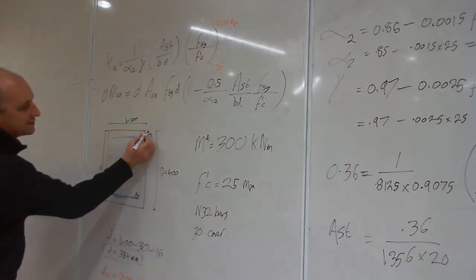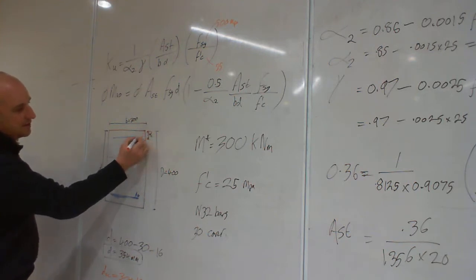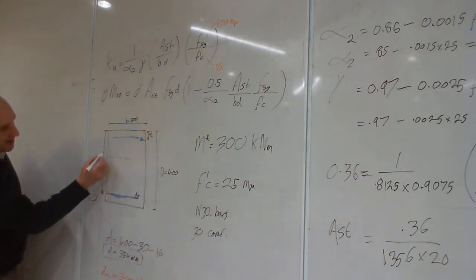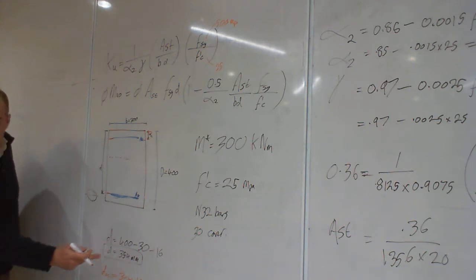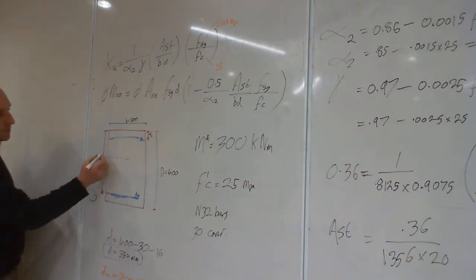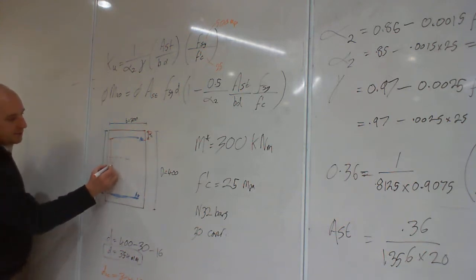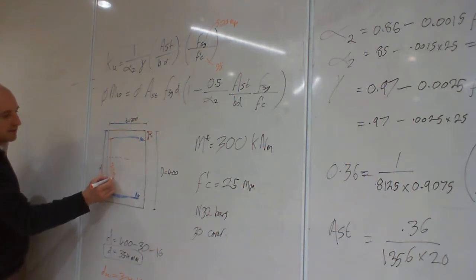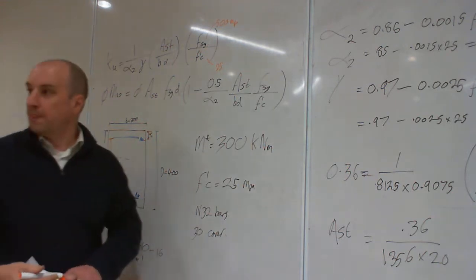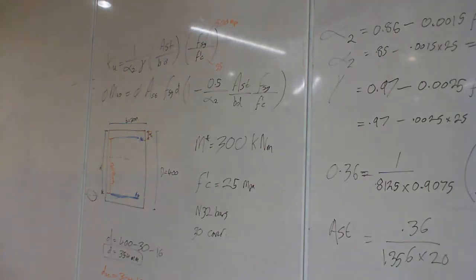Therefore, our lever arm from there to there is 354 minus 46, which is 308. We have a lever arm between our top steel and our bottom steel of 308 millimeters.